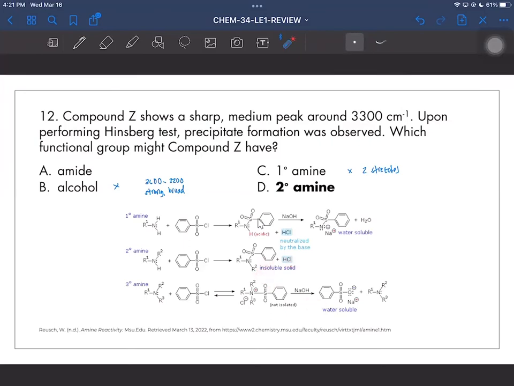Since it tests positive in the Hinsberg test, it is a secondary amine, and our answer would be letter D, the secondary amine. And that's correct: according to the Hinsberg test, a secondary amine would produce a precipitate. The precipitate formation might be the insoluble solid we found when compound Z reacted in the Hinsberg test. So that's for number 12, we have a secondary amine.